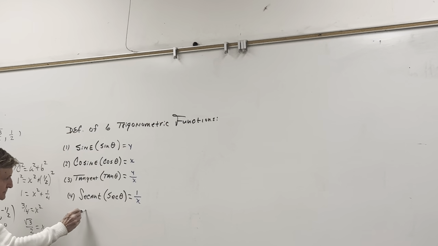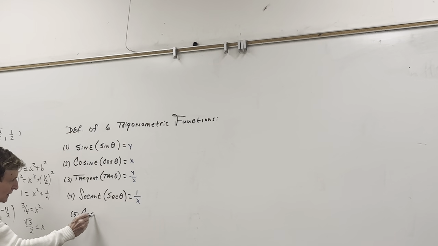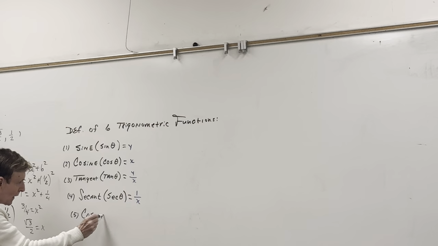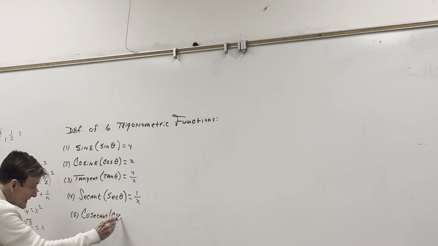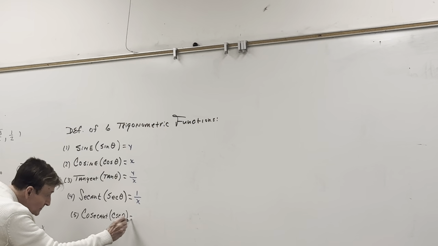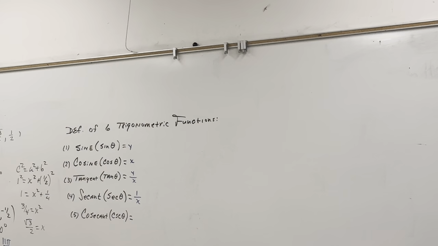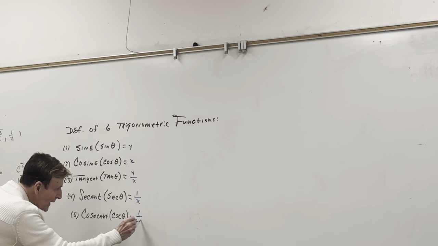Cosecant. Spelled this way. Abbreviated C-S-C theta. That's its abbreviation. Definition? 1 over Y.